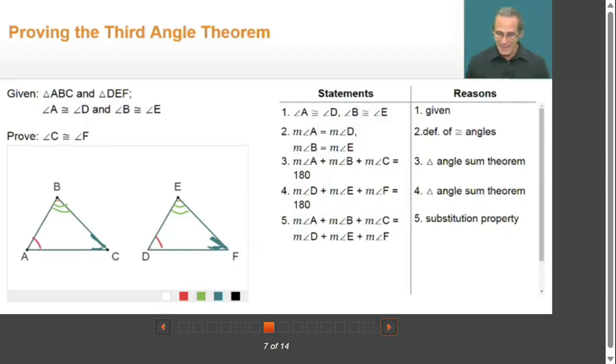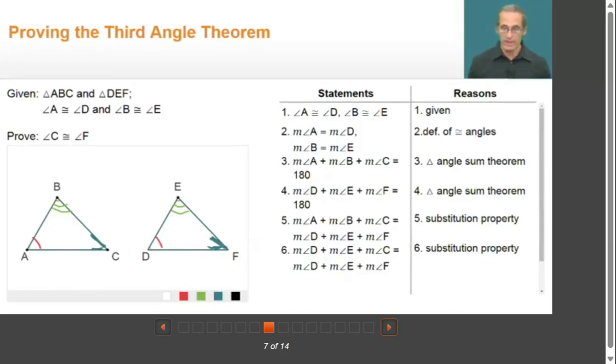angle E. And this gives me, using substitution, that the measure of angle D plus the measure of angle E plus the measure of angle C is equal to the measure of angle D plus the measure of angle E plus the measure of angle F. That's a lot to say.